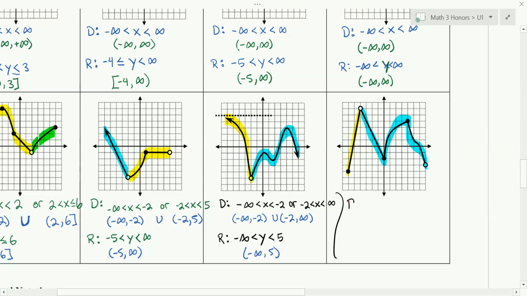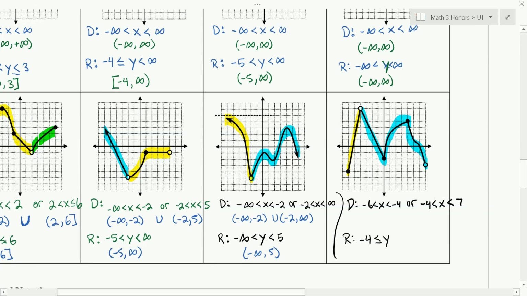Right, domain, furthest to the left is -6, less than x, less than, that yellow ends at x equals -4, or pick back up at -4, goes all the way to the right to that end at what? 7. Okay. For the range, lowest is, you say -4? Like that?